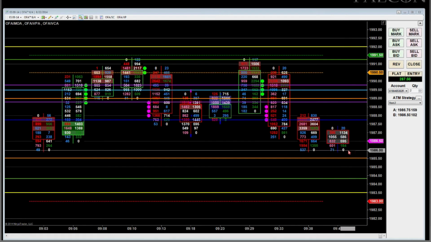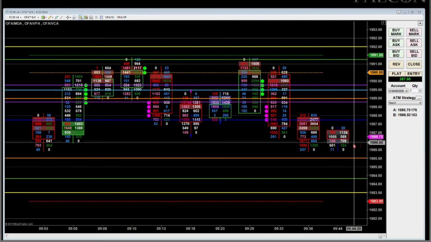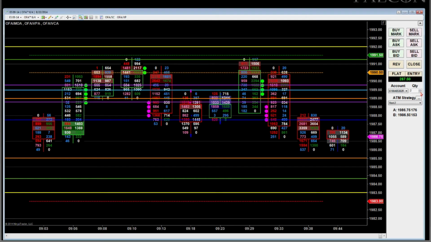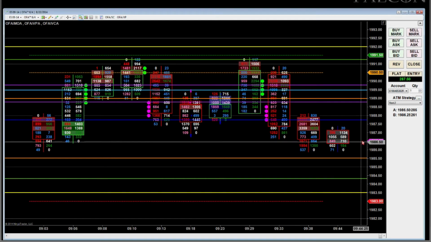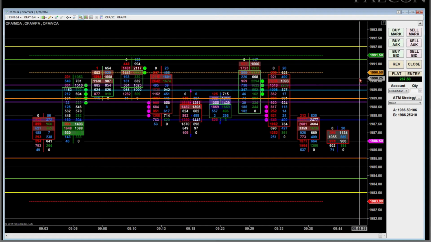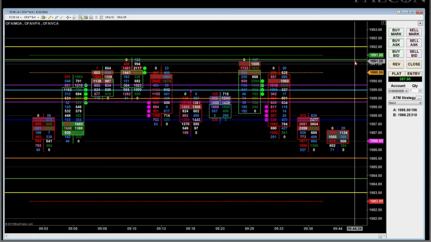Weakness again. So again, this is a trade opportunity, and if I'm looking, let's say I'm looking to get to 387, which puts me a little over $100 away from my target, I could knock that down to 1, and I'd be looking for price to move all the way back up here. So looking for a 4-point move.